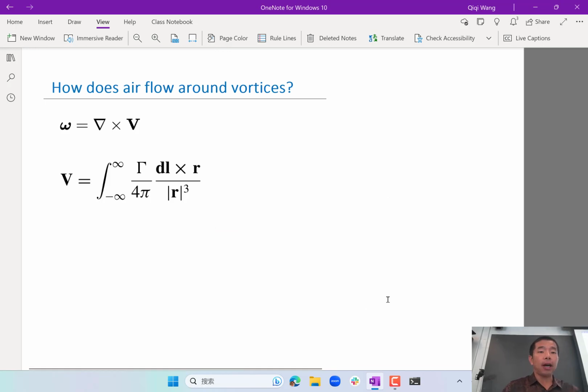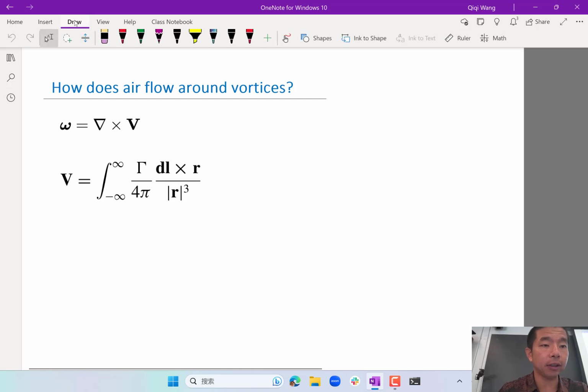All right, so how does air flow around the vortices? Right, so in the last lecture, we looked at what is the definition of vorticity, the curl of velocity, right? In particular, we know that the vorticity has 0 divergence. That means vorticity, a vortex cannot really end anywhere.